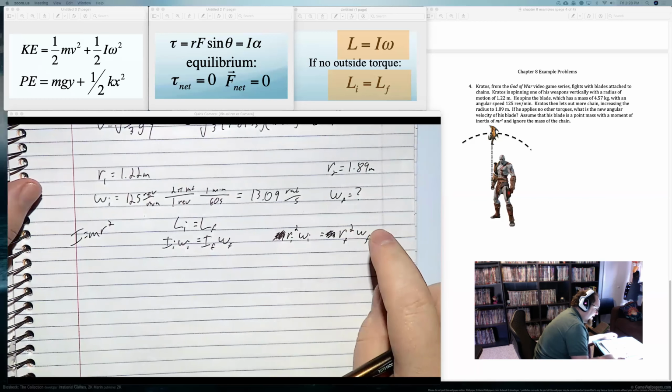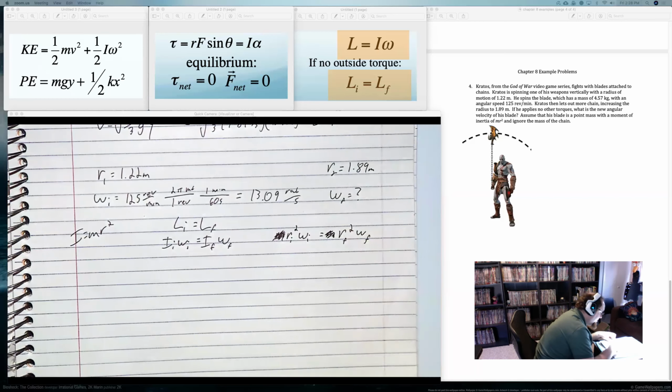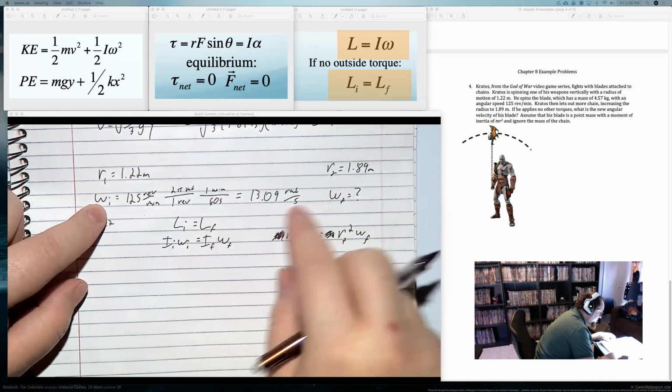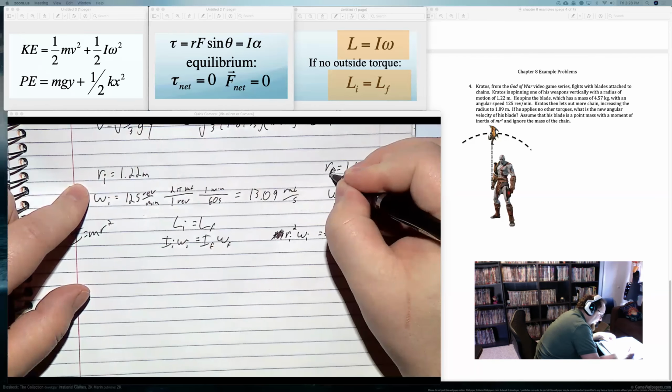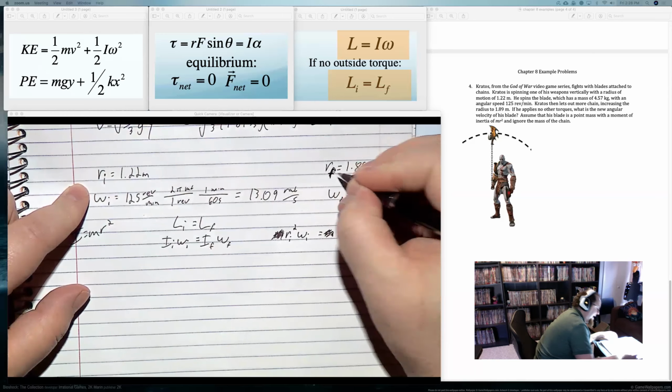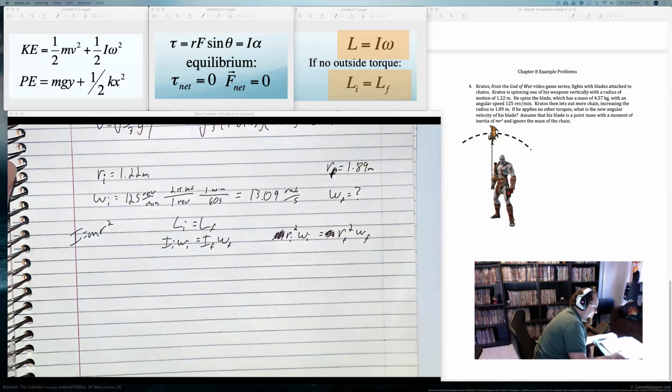If I want to get omega final, let's be consistent: this says r initial, r final. I'm sorry, I switched my format as I wrote it. If I want omega final, I'll just divide both sides by r final squared.